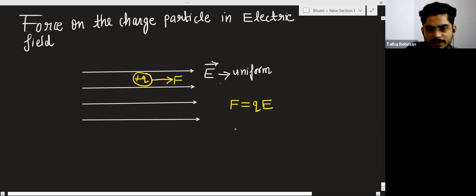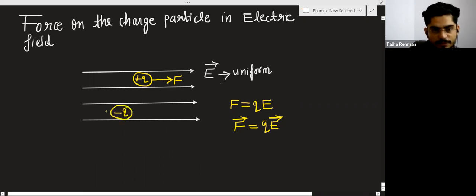If you want to write this in vector form, you can write charge into electric field. Now if you are placing a negative charge in this field, then the force on this charge will be opposite to that of the electric field. So the magnitude of this force is again QE, but if I write this in vector form, then I can write minus Q into E.